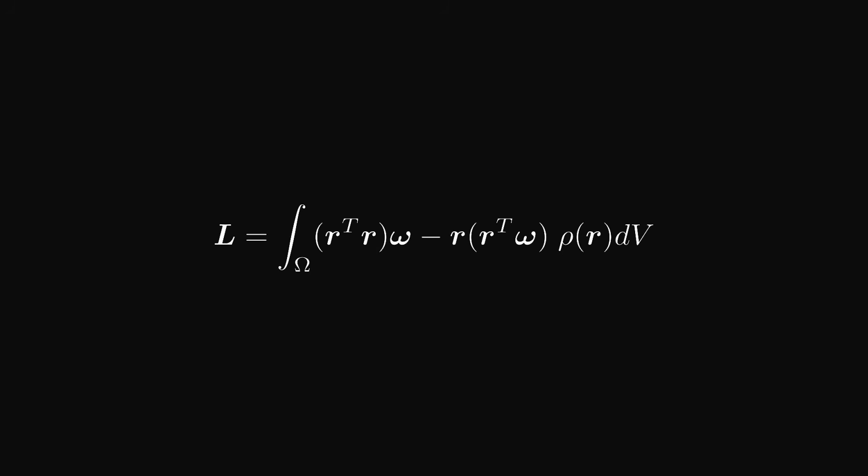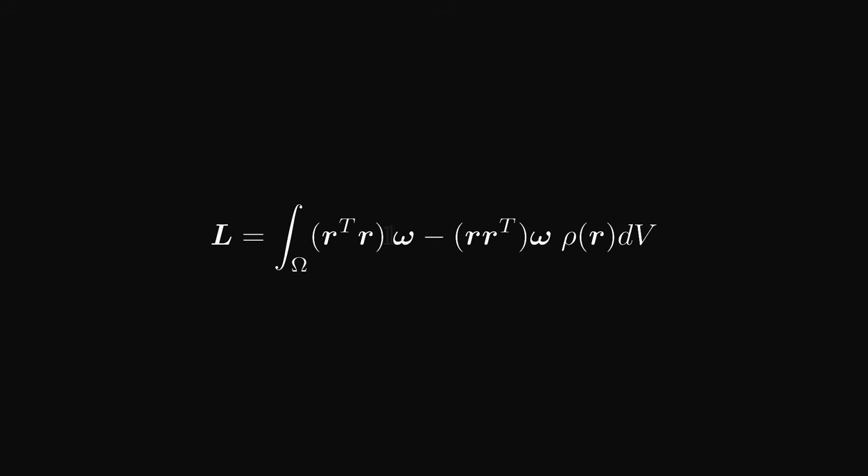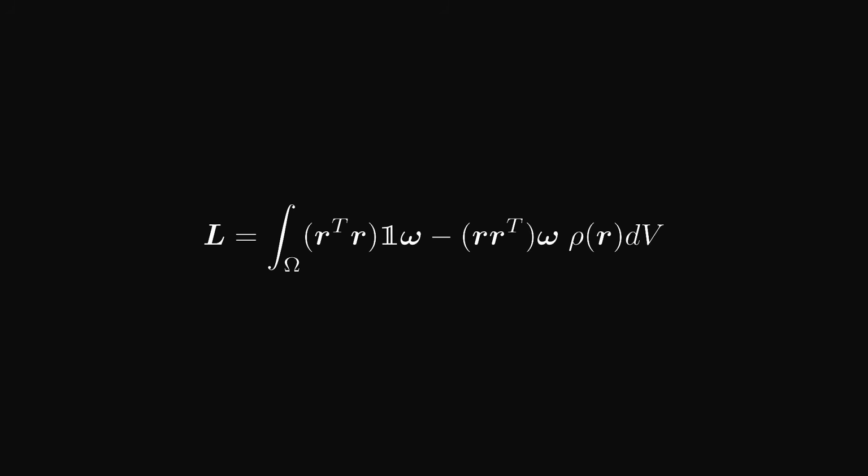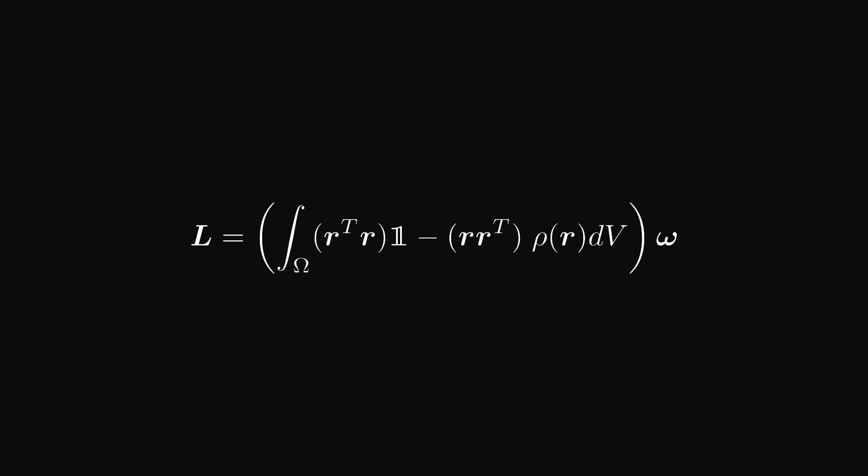Next, matrix multiplications are associative, which is why these parentheses can be moved. Since omega is independent of r, it can be factored out. However, because this is a scalar, we have to insert an identity matrix here to make it work. Finally, the relationship between the angular momentum L and omega becomes apparent.